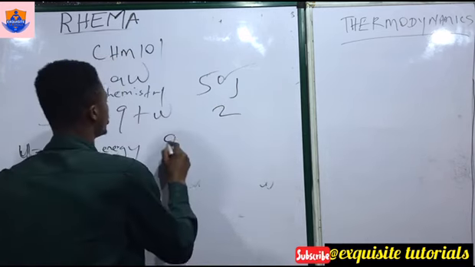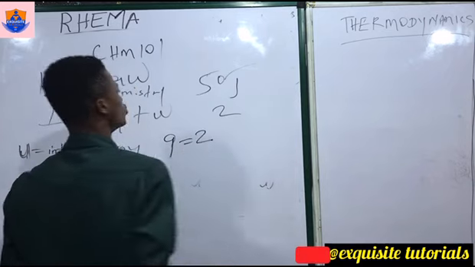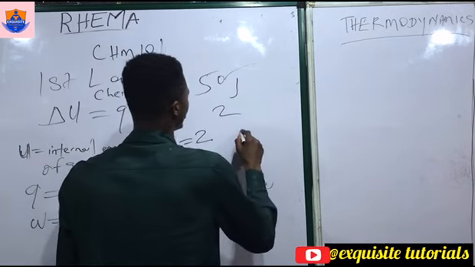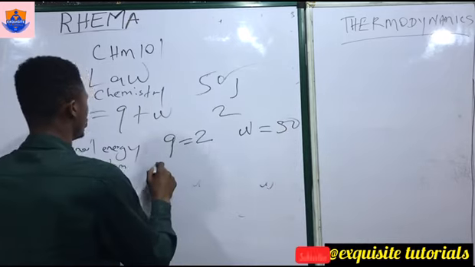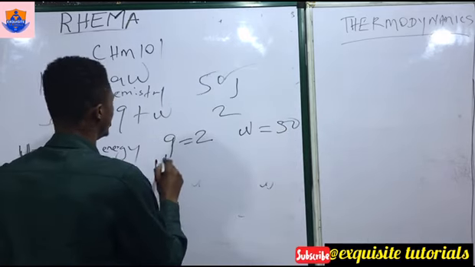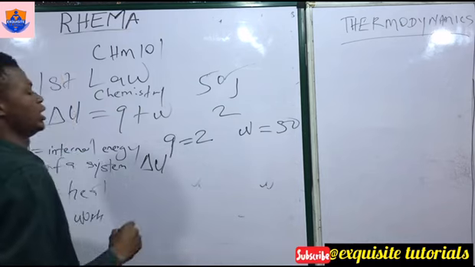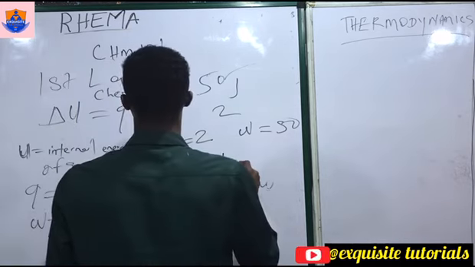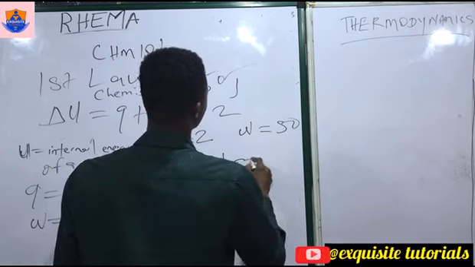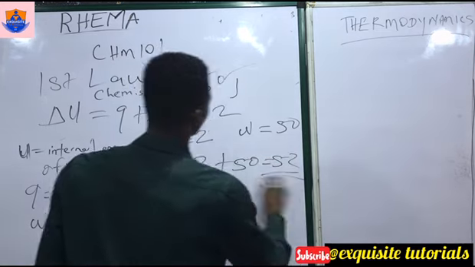That means Q is equal to 2 and W is equal to 50, which means your change in internal energy is equal to 2 plus 50, which is equal to 52.